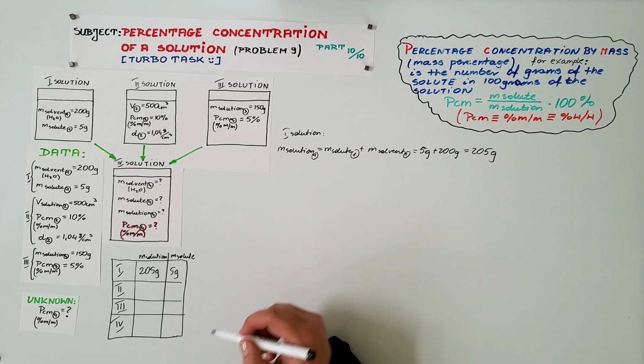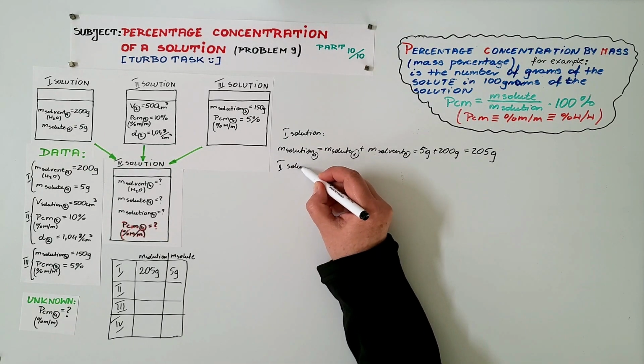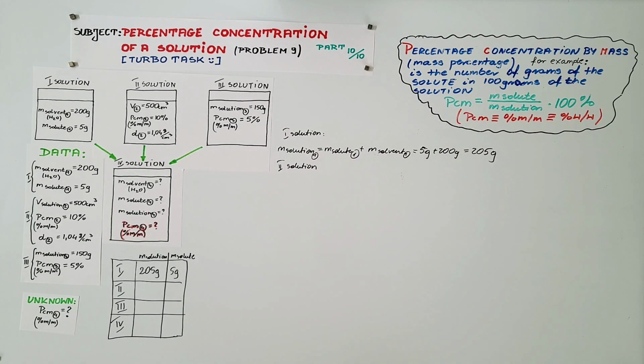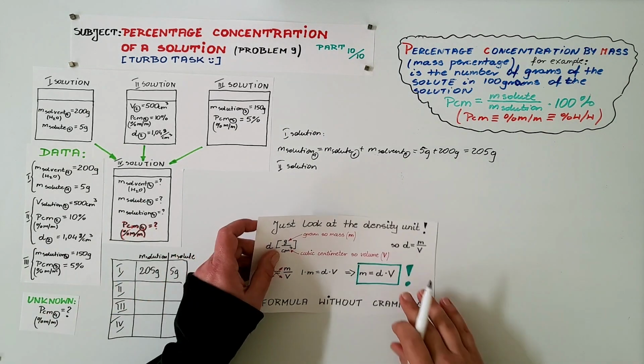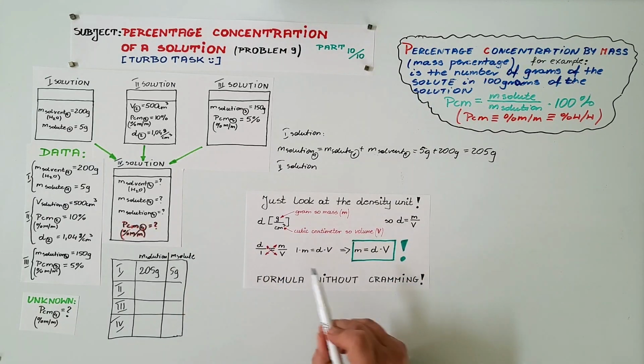Now, second solution. In the second solution, we have a volume, but we need its mass. I remind you from the previous problem how to go from volume to mass. Just look at the density unit.